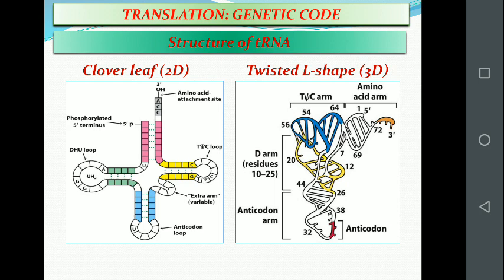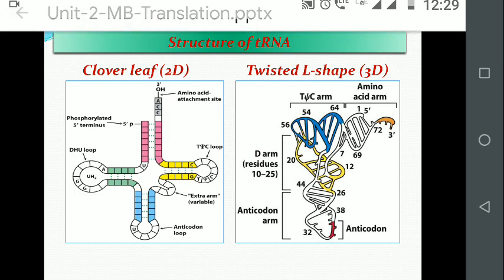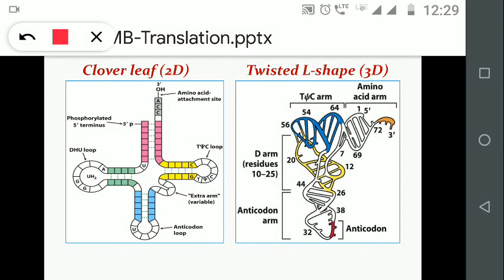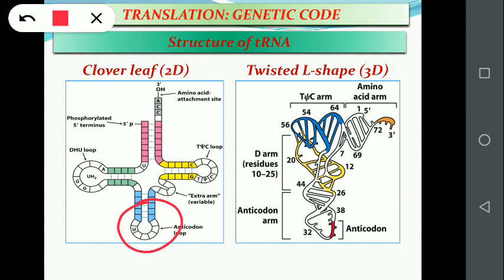It folds upon itself and forms such stem and loop structures. And we have 4 arms. First arm is the anticodon arm, and that anticodon arm carries the anticodon, which is essential for the binding of the codon on the mRNA molecule.